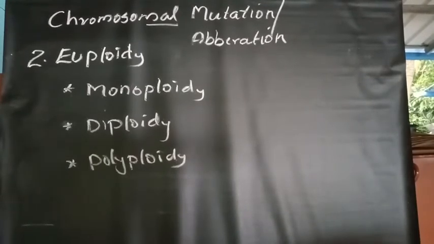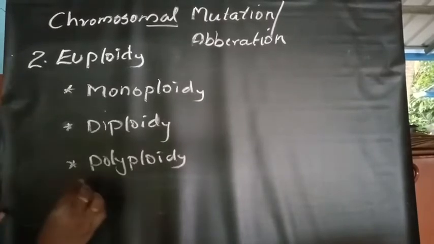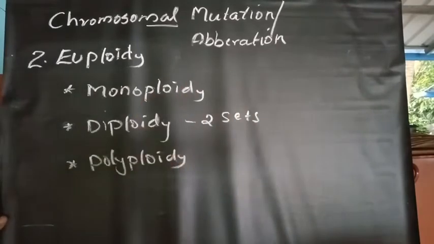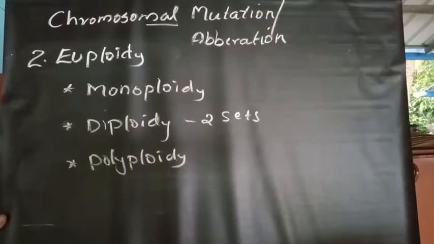Clear? The condition where an organism or a somatic cell has two sets of chromosomes, we call a diploid organism.